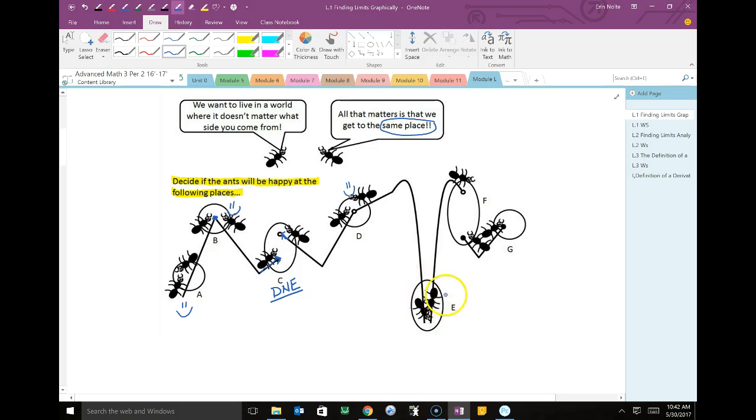Now E is a unique situation because we have a vertical asymptote. These two ants are both going down to infinity, so this is a scenario where you could have two potential answers. You could say yes, both ants are happy because they are both going to negative infinity.